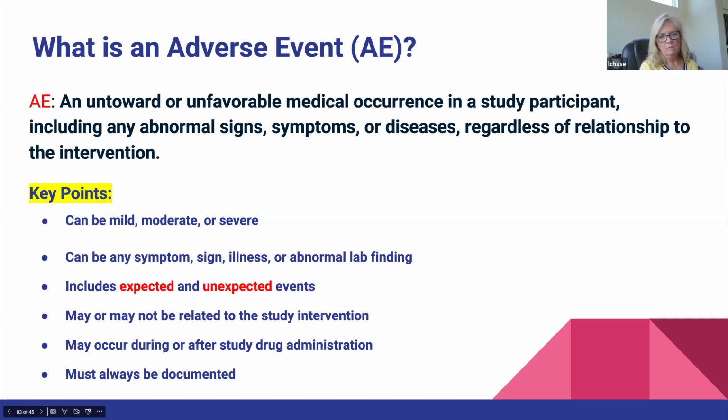It can be any symptom, sign, illness, or abnormal lab finding, or include an expected or unexpected event, and it may or may not be related to the intervention. It may occur during the study drug administration or after the study drug administration, and an AE must always be documented.